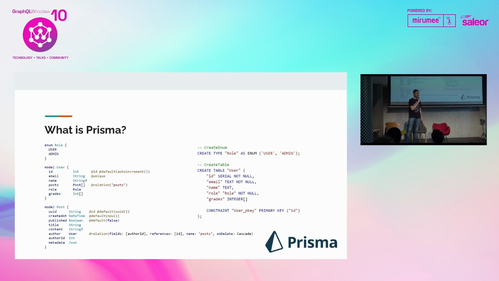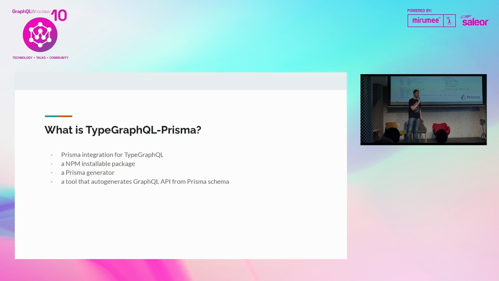So we declare the database shape, the database tables, using the special language they call Prisma Schema Language, with all the annotations about the relations, database constraints, defaults, etc. And not only creating the constructs for SQL, it also comes with the really powerful Prisma Client, which is a library that allows you to query the database in a type-safe manner. So you don't need to write the SQL by hand, but you can use the API that it provides.